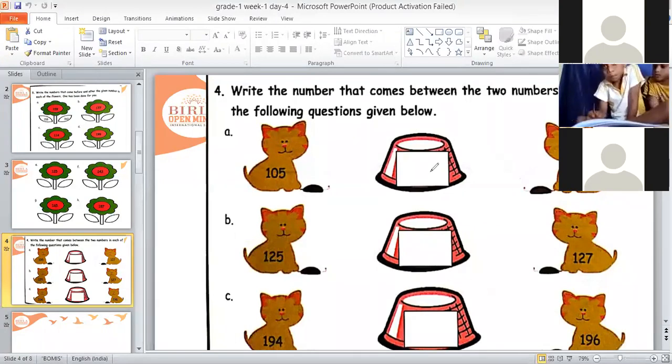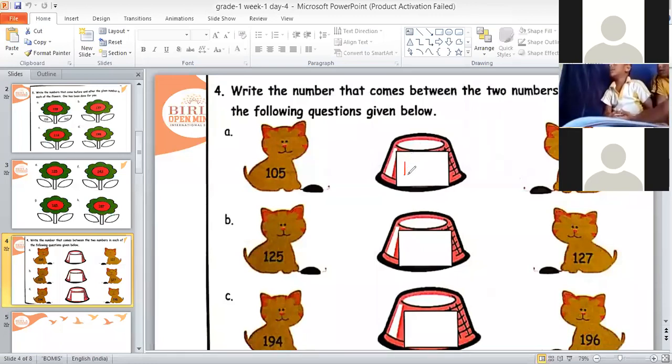Okay. Now you have to see which number comes in between the number 105 and number 107. So now what comes between these 2 numbers? What you can do is, you can see what number comes just after 105. So what comes just after 105, children?